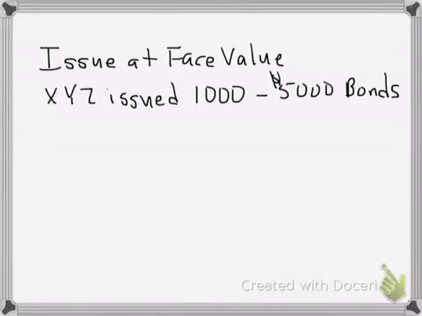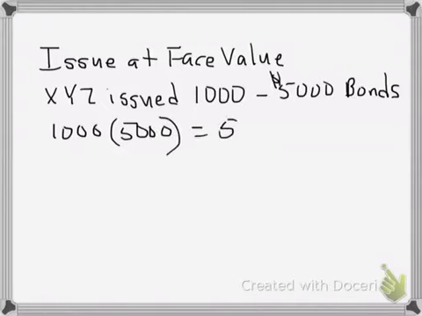So what do the journal entries look like? Well, when we issue a bond at face value, let's say XYZ issues 1,000 $5,000 bonds. So the first thing we need to look at is how much money they are going to have coming in. Because if they issue 1,000 $5,000 bonds, then they are actually going to be getting in $5 million.